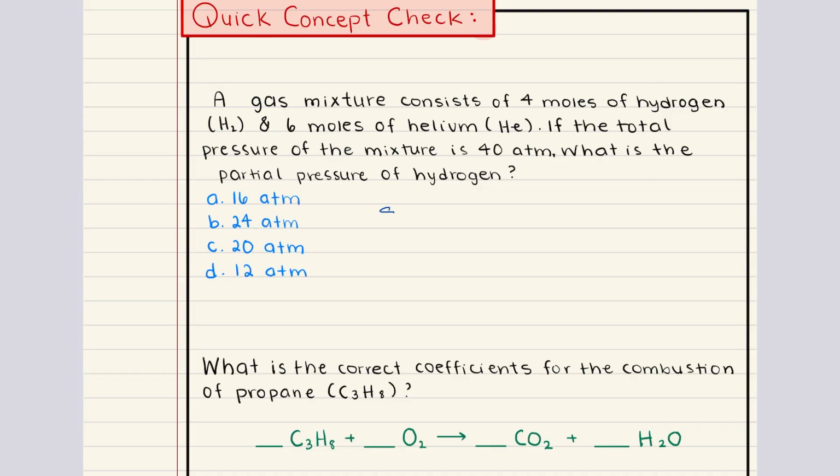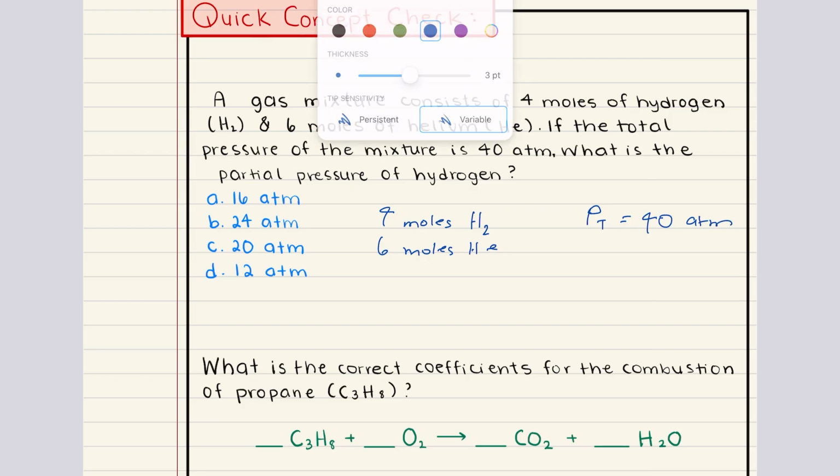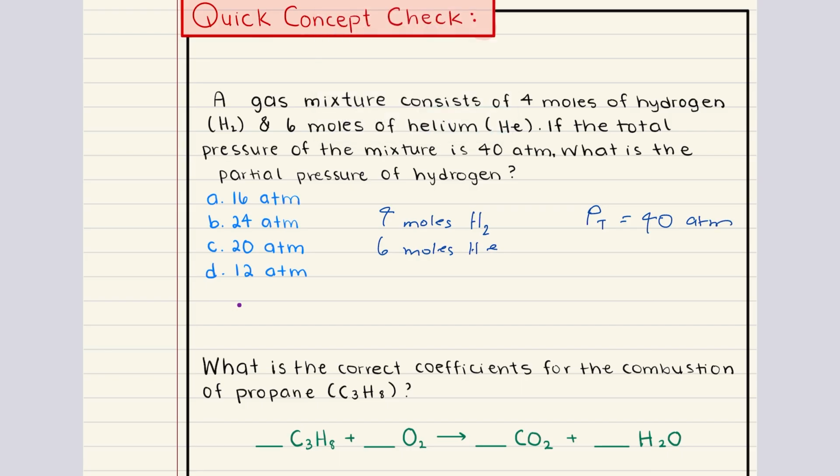We're told we have 4 moles of hydrogen gas and 6 moles of helium. In addition, the total pressure of the mixture is 40 atmospheres. Our goal is to calculate the partial pressure of hydrogen.